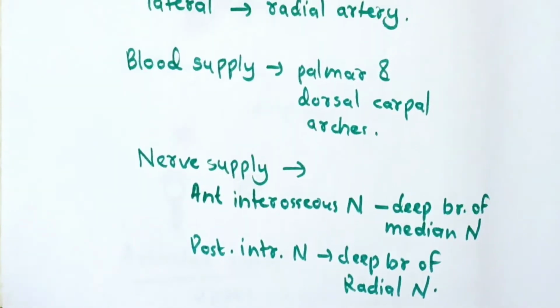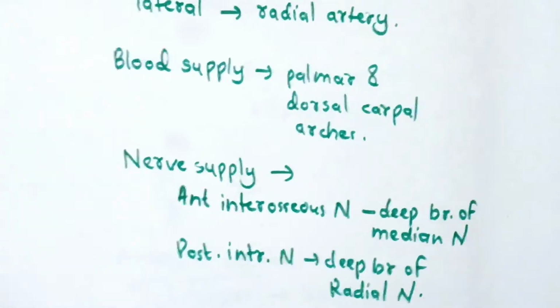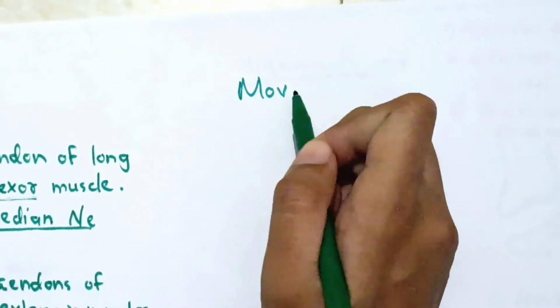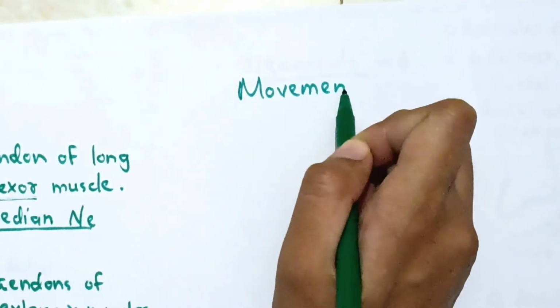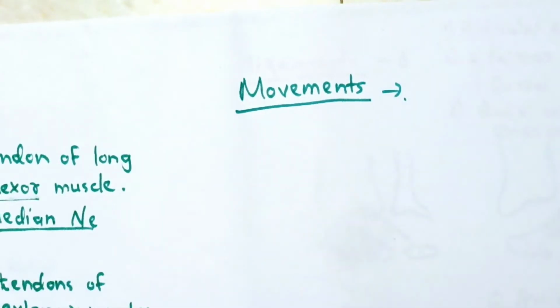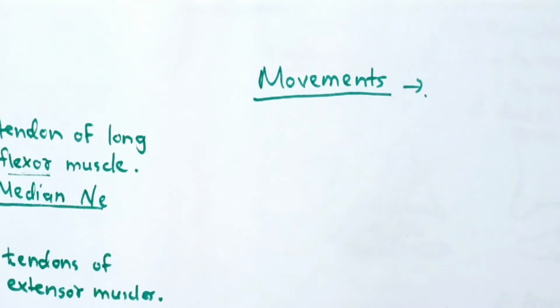So now let's move on to the movements of the wrist joint. So as I have told, the ellipsoid joint is almost same as the ball and socket, so the movements are also same.